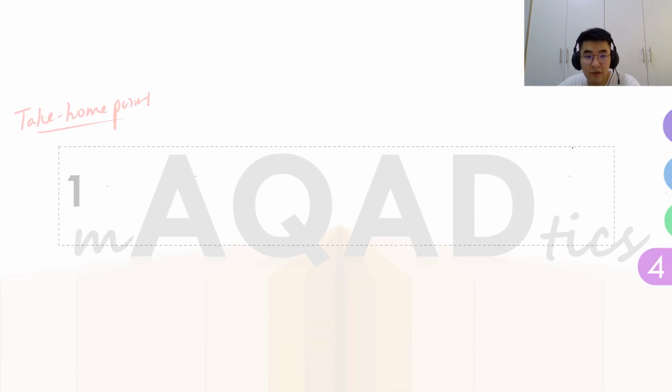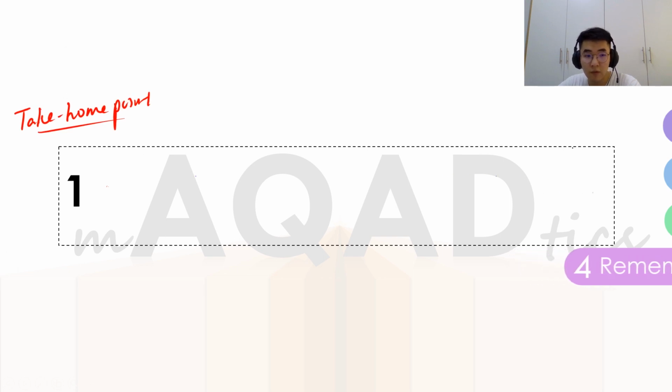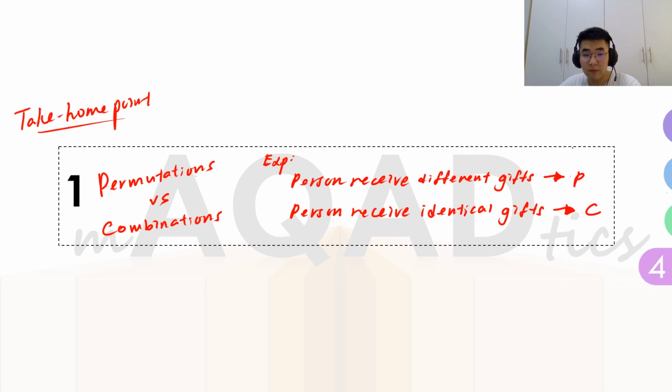Here's the take home point, or the things we need to know from this video: we need to understand which question belongs to a permutation question and which belongs to a combination question. We can look at the keywords and understand it by reading the question. For example, just now in part A and part B, even though the things they ask are the same, the way of answering is different because of the type of the gift.